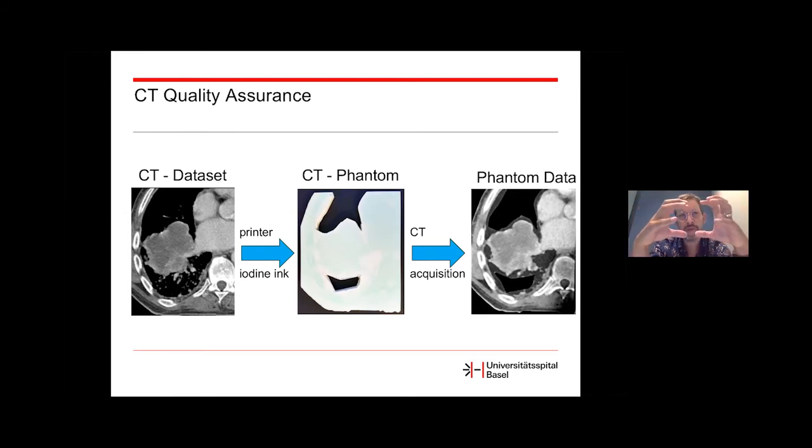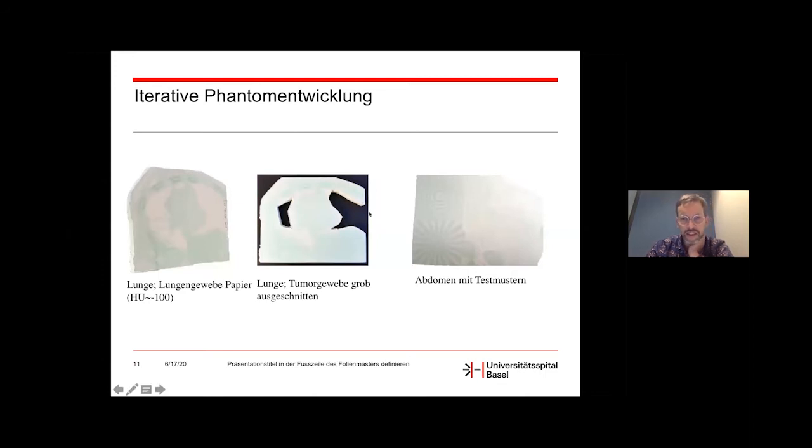We can assess protocols, and we can do the whole post-processing analysis, and then see: if I use this scanner and that scanner on the exact same phantom, do I get exactly the same values or not? And how do the different qualities and artifacts that we get in different scanners affect the overall quantification pipeline? We've been going through quite some optimization, with different papers and ways to cut out the lung tissue to have air there.